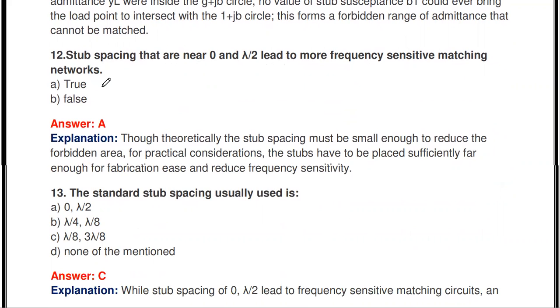True or false? It's true. When the distance between the two stubs is nearly 0 or lambda by 2, it leads to more frequency sensitive matching networks.